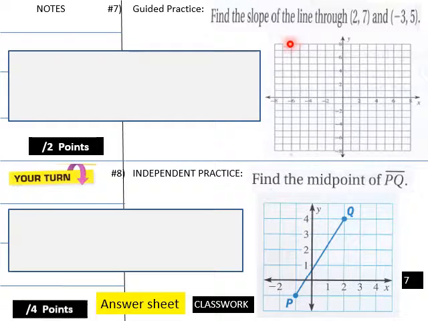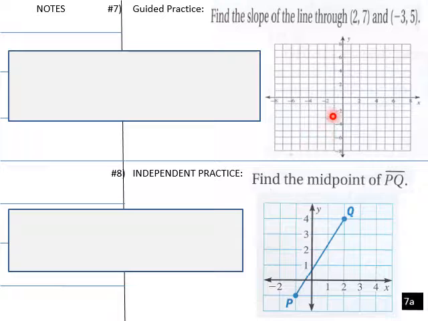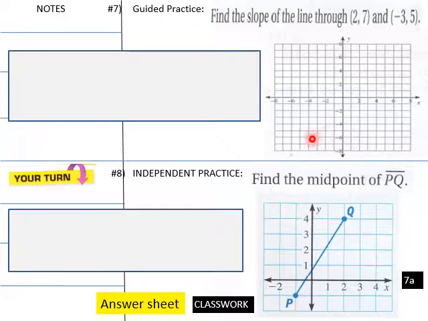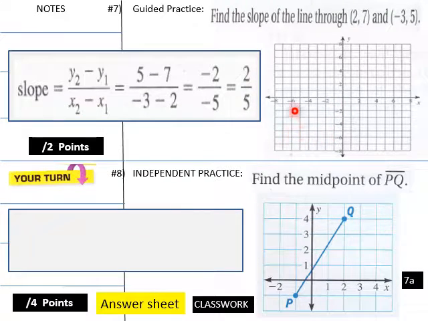To find the slope of this line, first we have rise over run: 5 minus 7, and negative 3 minus 2. So we have a negative 2 over a negative 5. Our negatives cancel out, and we end up with 2 over 5 as our slope.